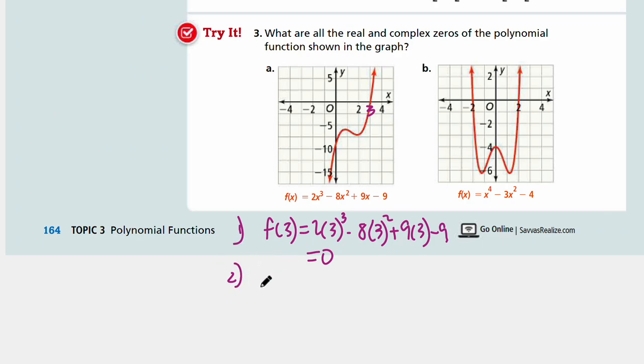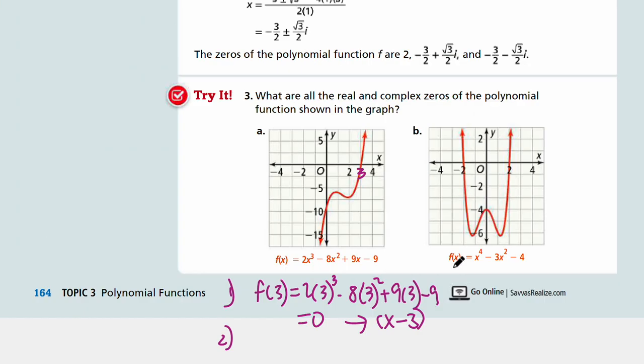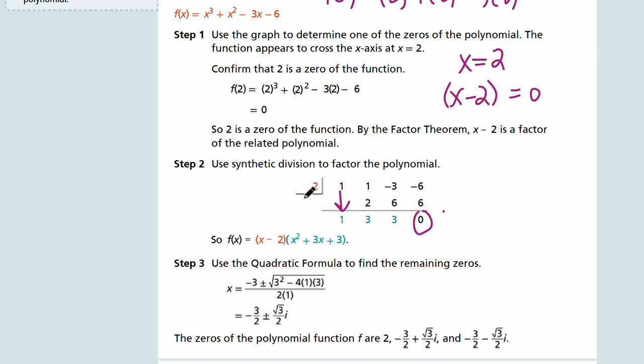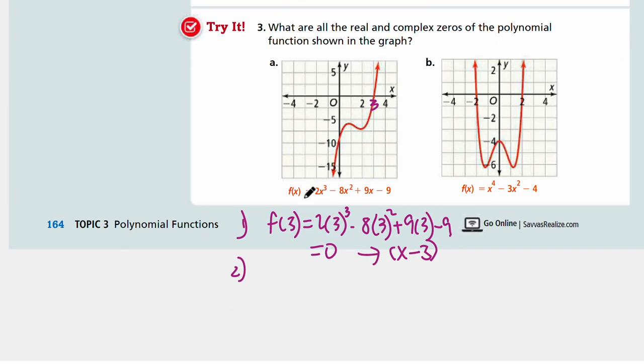And then step 2, you're going to use synthetic division. We know that there is a factor of x minus 3, right? So divide your polynomial by this factor using synthetic division. So 3 divided into the coefficients, and just make sure that you're not missing any terms in between the powers.